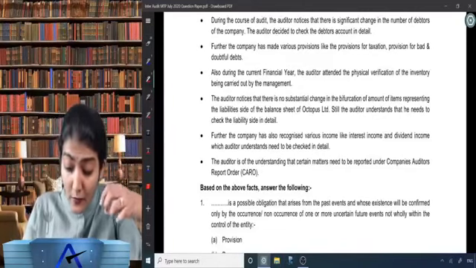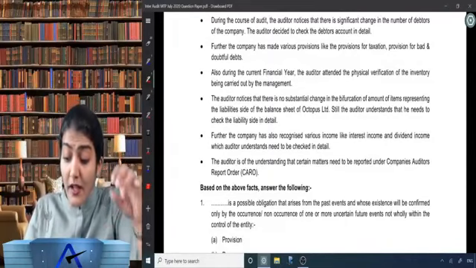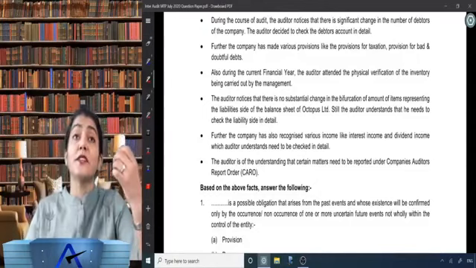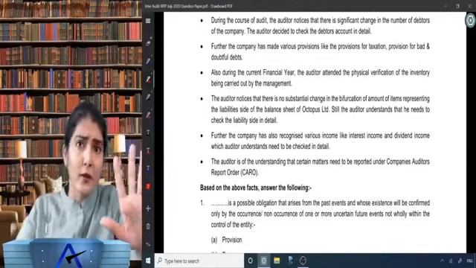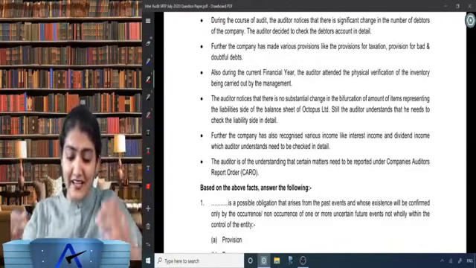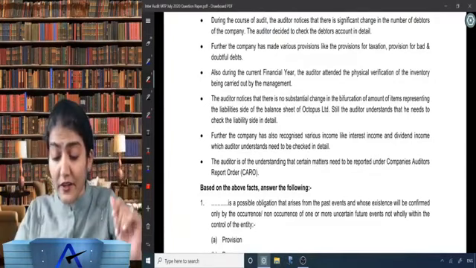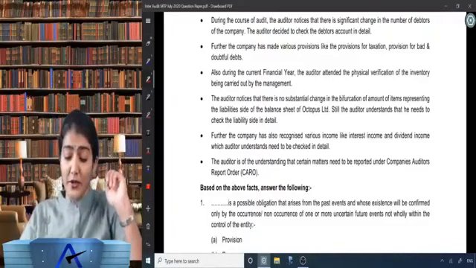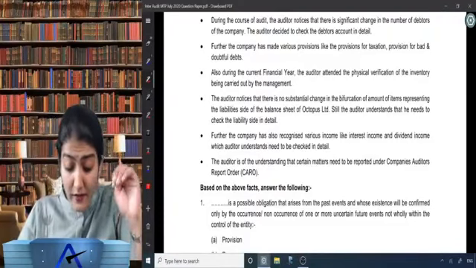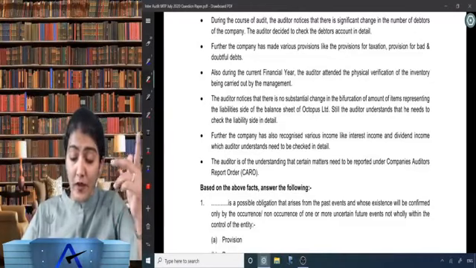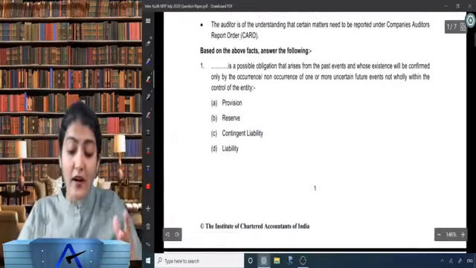Further, the company has also recognized various income like interest income and dividend income, which the auditor understands need to be checked in detail. So the auditor knows that everything he needs to check in detail: debtors, liabilities, dividend and interest income. The auditor is of the understanding that certain matters need to be reported under CARO, so certain matters of reporting under CARO also.